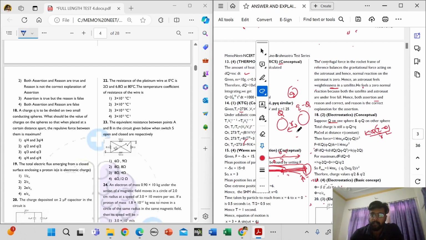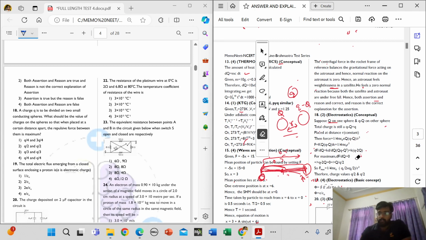Now, to calculate the maximum, we will calculate dF upon dq. By calculating dF upon dq, we get the extreme condition. Here dF upon dq will be equal to k(Q minus 2q).